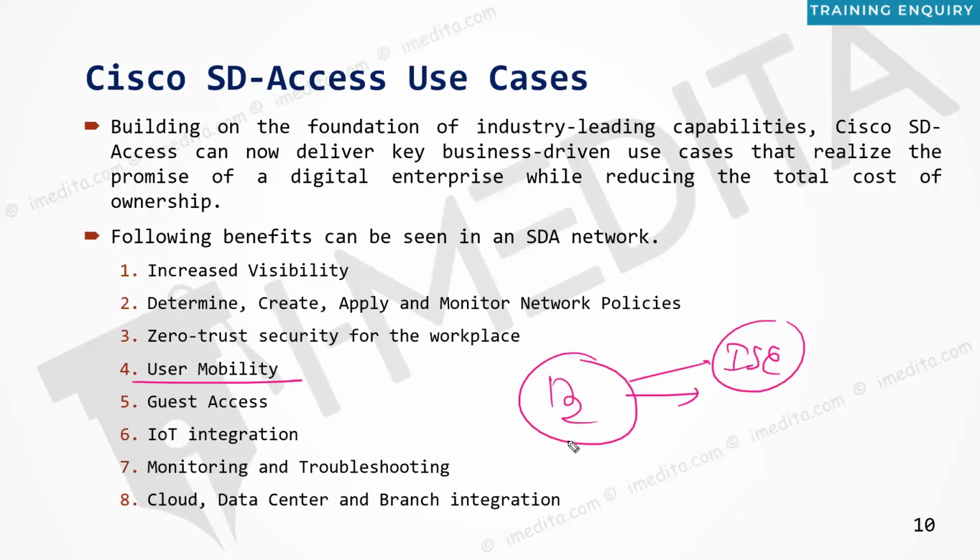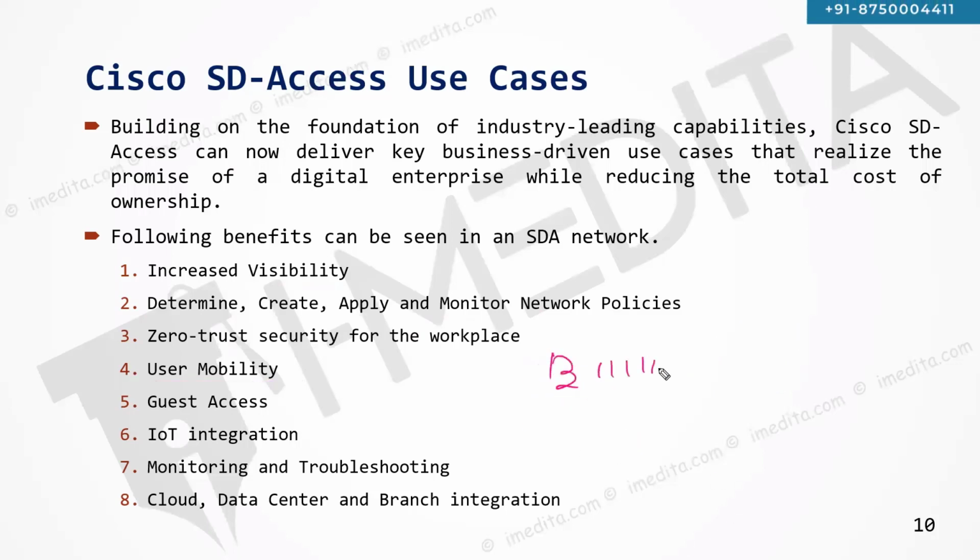Let's say a user has connected via a wireless access point and is roaming. The user has roamed from the first floor to the second floor to the third floor, moving from one access point to another, but the network is not disconnected. We can manage user mobility with the help of SDA in a much better way compared to the traditional network.